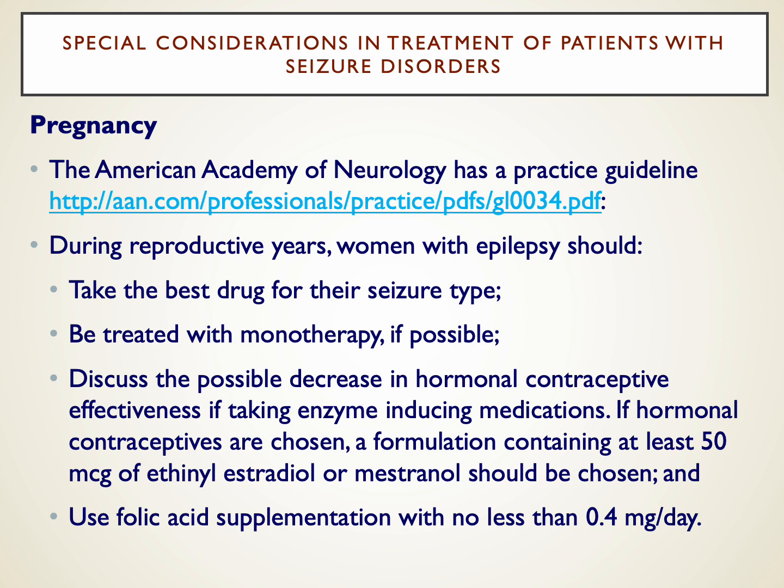And so usually, clinicians try for all women of childbearing age to get them to monotherapy if that's possible, to make sure that, okay, if we're going to use an agent, let's see if we can control you on an agent that is going to both provide you the best seizure control and the least risk for a fetus.